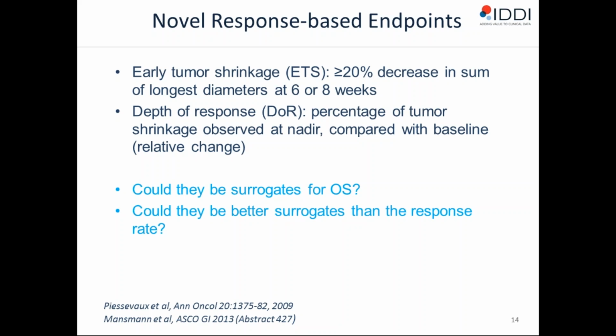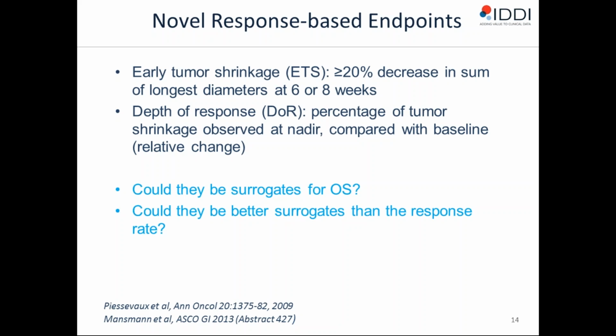Otherwise there is no tumor shrinkage, and so in a way this is a variation of a response rate in the sense that it's dichotomous, and the attempt is to assess benefit to therapy a bit earlier than would be done if you had to wait for the response in each patient.